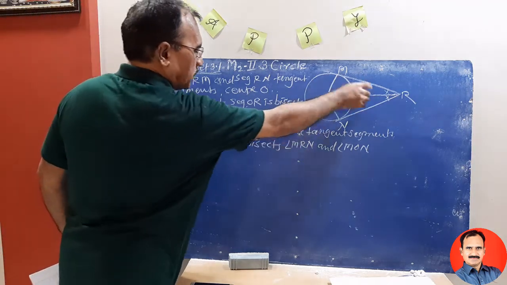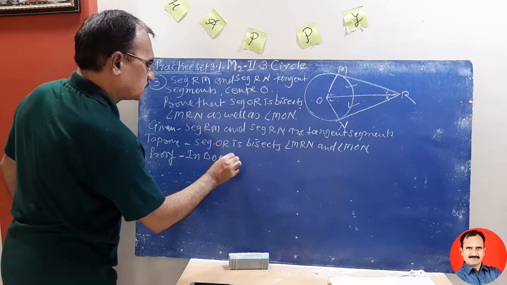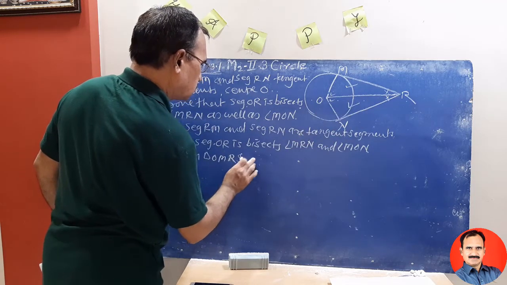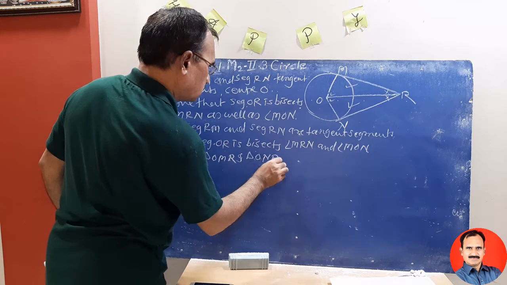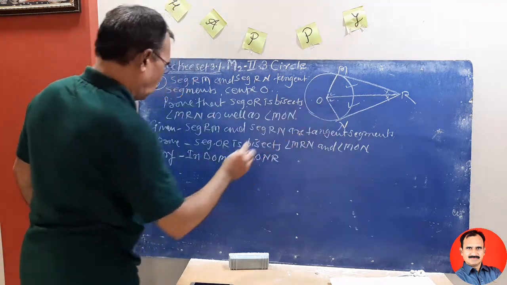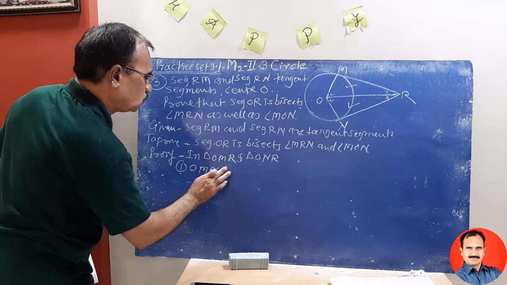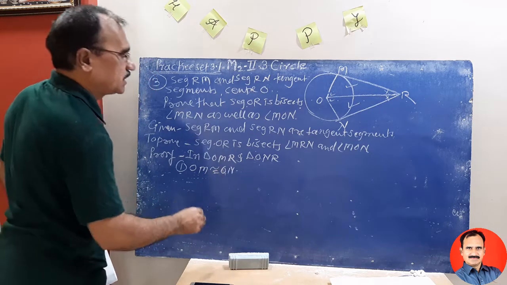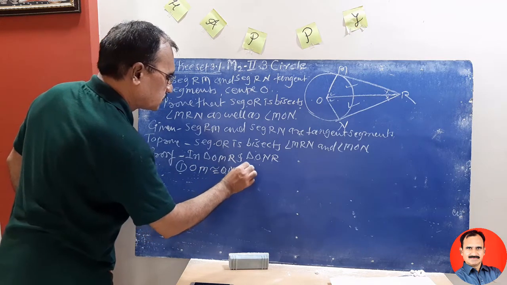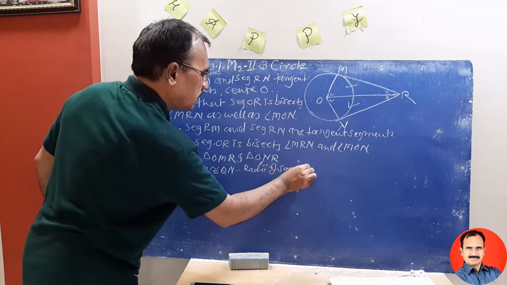In triangle OMR and triangle ONR, OM is congruent to ON. What is the reason? These are the radii of the same circle.